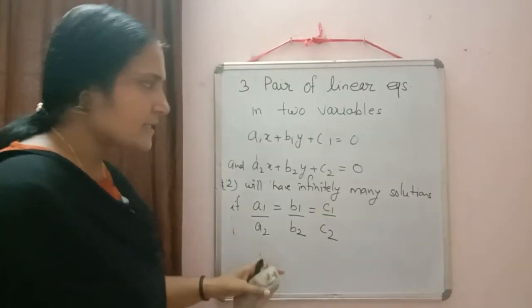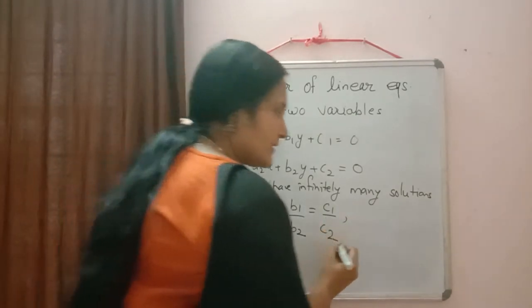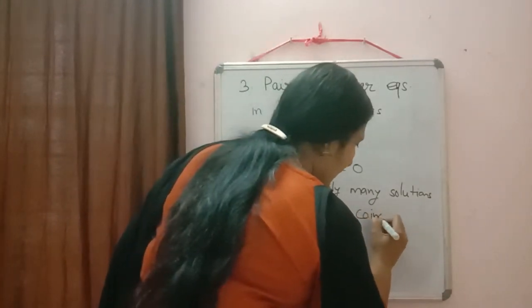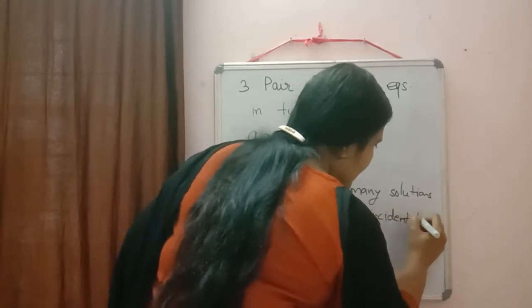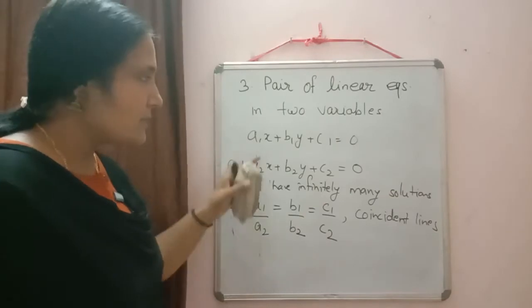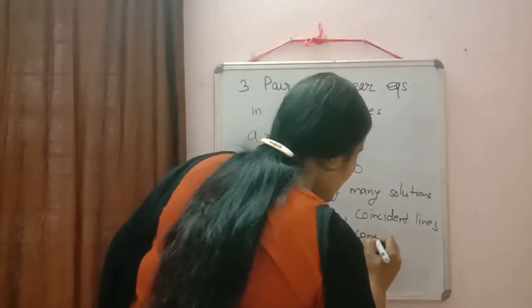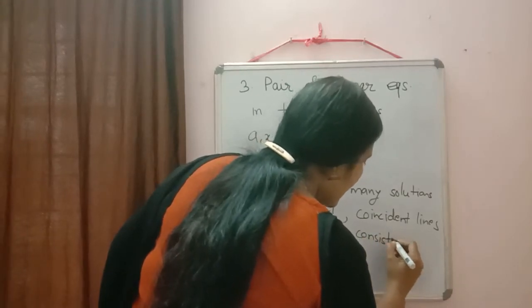If all the ratios are the same, which type of lines do we get? Yes, coincident lines. Then the equations are consistent or inconsistent? If a solution is there, then the equation is consistent.